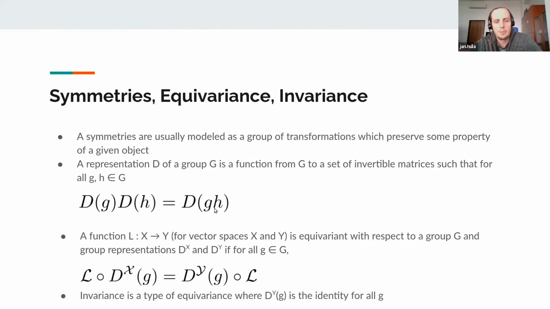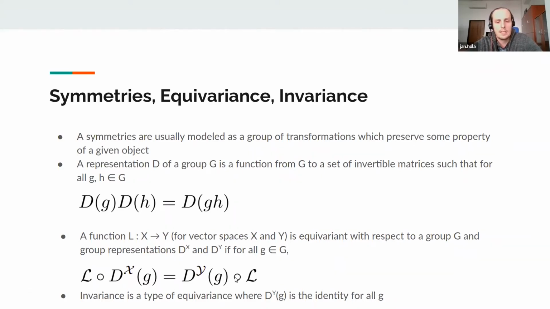If we multiply the elements of the group and then we create the representation, it should be the same as if we first create the representations of these elements and then we multiply the matrices. And then we can say that the function L, which goes from a vector space X to vector space Y, is equivariant with respect to this group if the following equation holds.